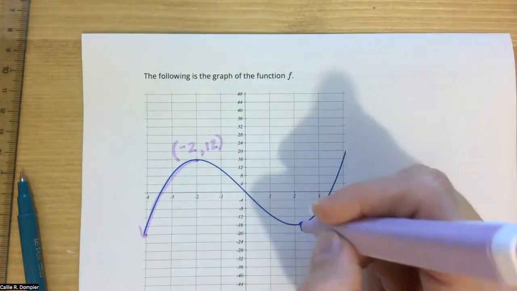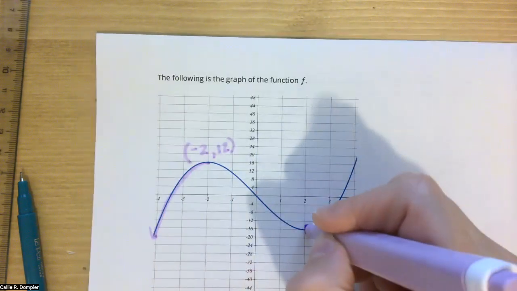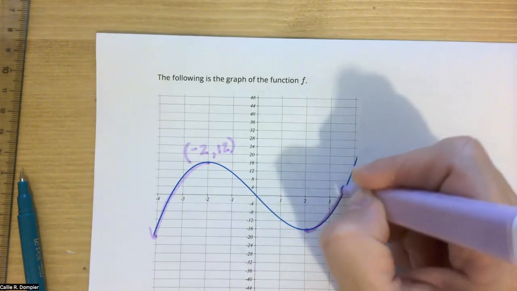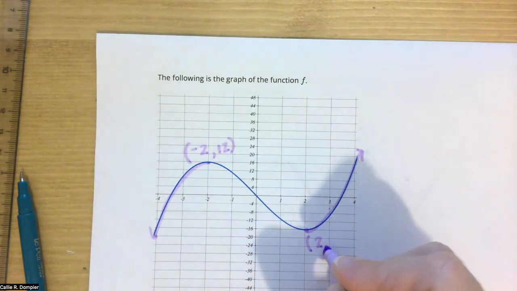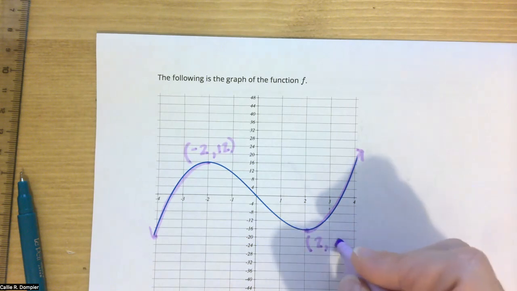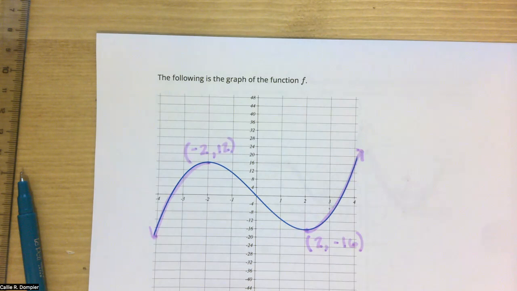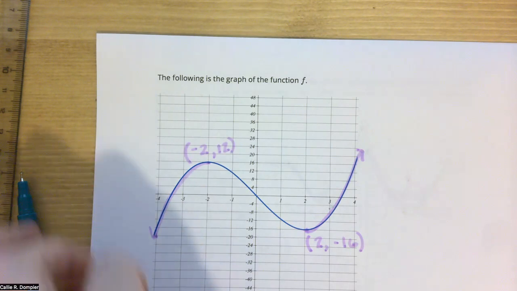Then it starts again, right? That's all down. And then right here, it's going to start again at 2, -16. Okay? So here's -2, 12, and 2, -16 are the two change points. That's where a turn is happening, right?